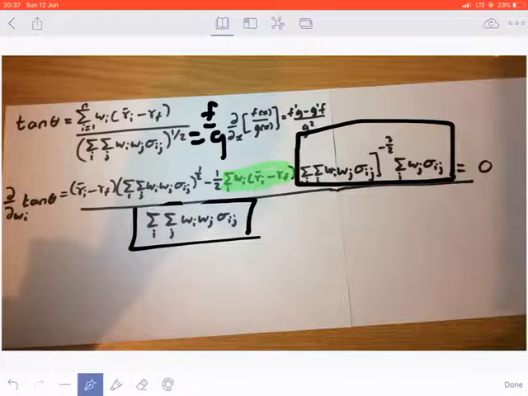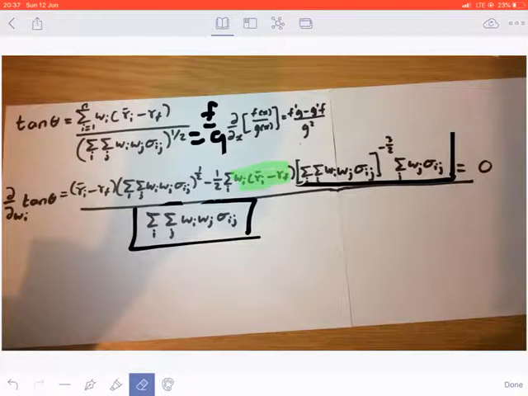If you want, you may not even have to include the 1 over 2, but I include it because it's convenient, and you are able to remember where the equations come from.